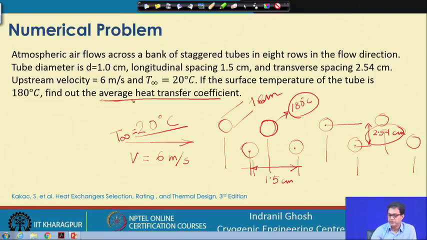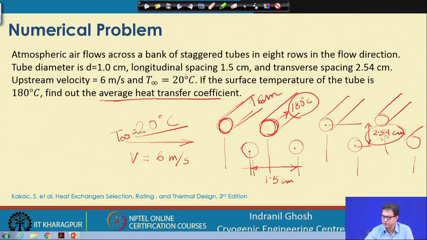If you look into this configuration, you may find that in a shell and tube heat exchanger, we may have this kind of arrangement of the tubes, over which the fluid flow is taking place, and we are interested to find out the heat transfer coefficient for this configuration.